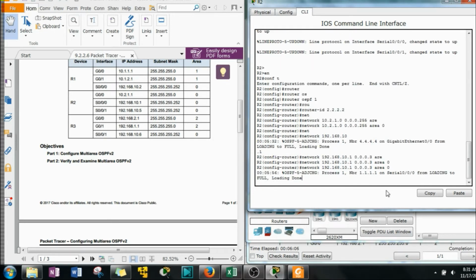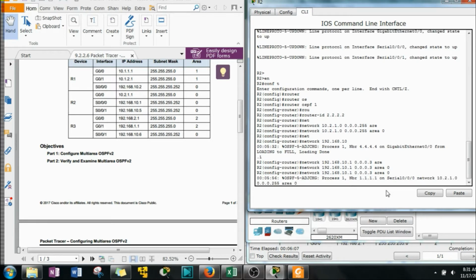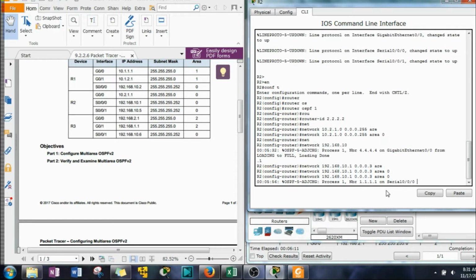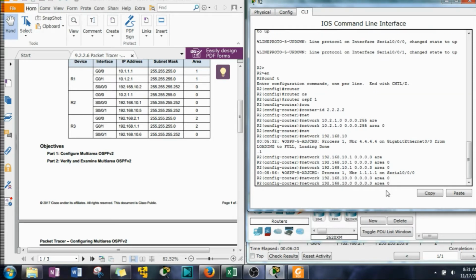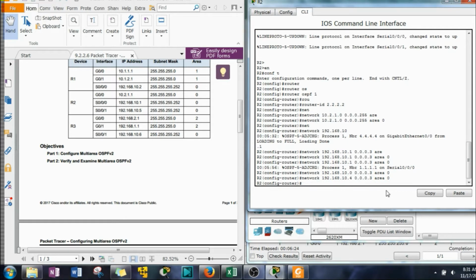Actually, I shouldn't have given the ID like that. It's actually not a 1, but a 0. That doesn't matter, I guess the adjacency still came up. And then change that one to a 4. Because the 5 is the interface address, but in a /30 it would start at 0, then go to 4, then 8, then 12. That's just how that works.